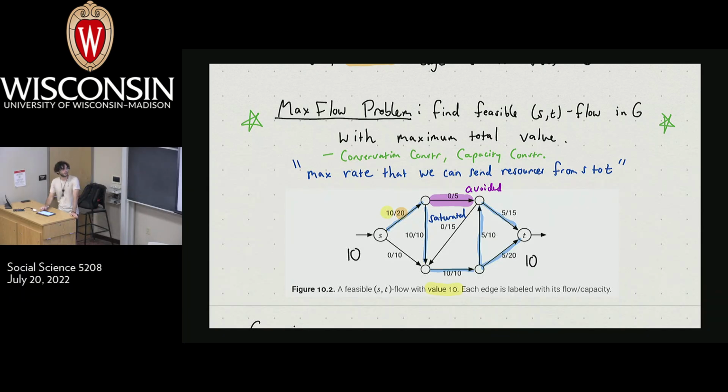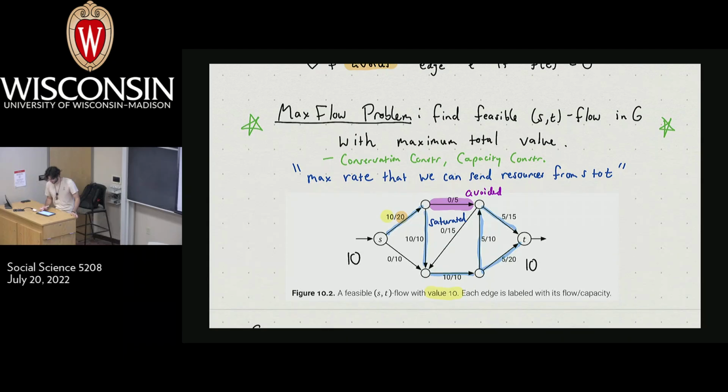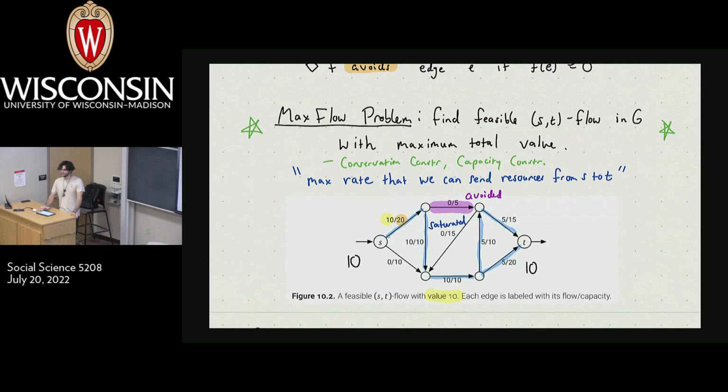So any questions about this picture? So this is a specific flow of value 10, but obviously we could make it bigger, right? So instead of avoiding that edge here, we could just add 1 unit of flow, add 1 unit of flow, and add 1 unit of flow.